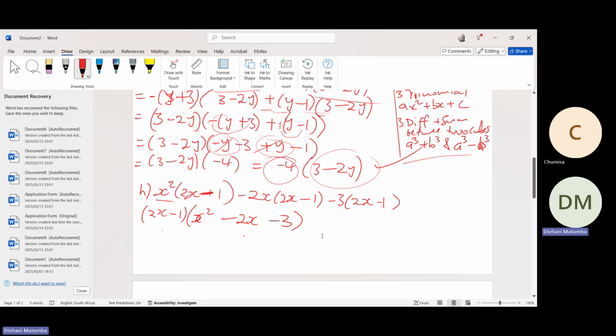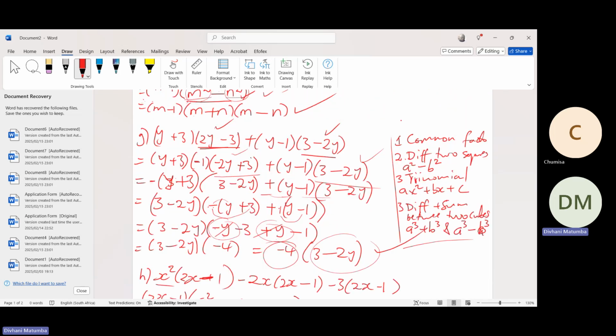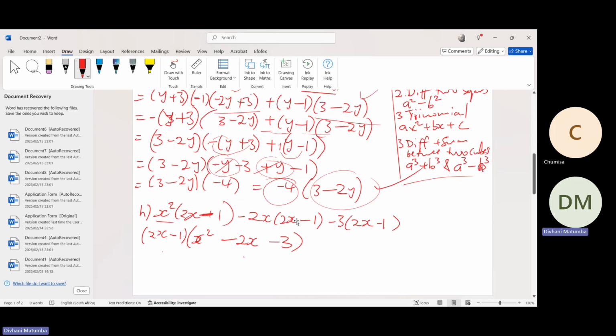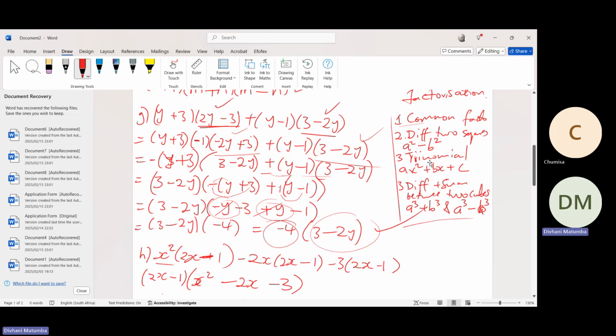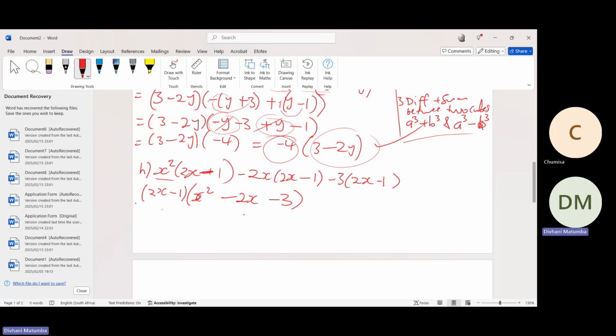Yeah, that's about it. So do you pick up any type of factorization from the ones I've listed? Are we supposed to take out the common factor? Do we have the common factor? No. Do we have the difference between two squares? I don't think so. Do we have the trinomial? Yes, sir.